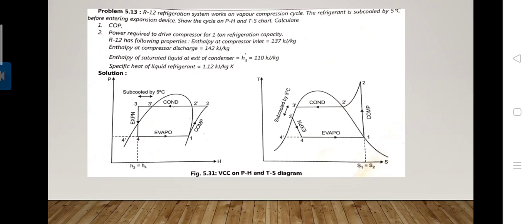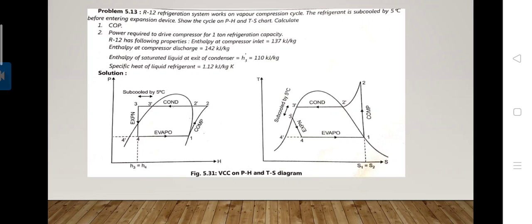R12 has the following properties: enthalpy at compressor inlet H1 is 137 kilojoule per kg, enthalpy at compressor discharge H2 is 142 kilojoule per kg, enthalpy of saturated liquid at exit of condenser H3 is 110 kilojoule per kg, and specific heat of liquid refrigerant is 1.12 kilojoule per kg Kelvin.